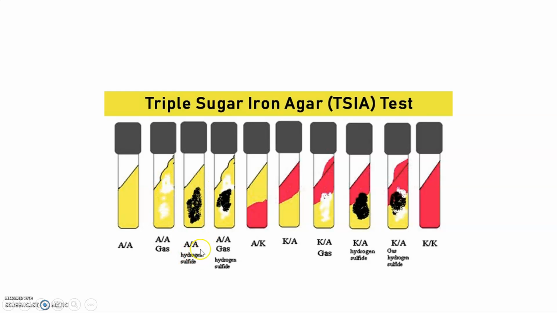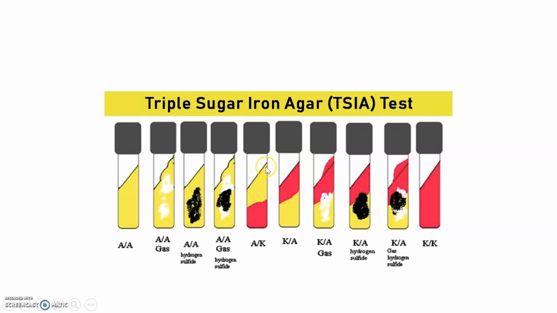A by A hydrogen sulfide means acid slant and acid butt with a blackish color, due to hydrogen sulfide production. Next is acid slant and acid butt with gas and hydrogen sulfide, so air bubbles along with blackening of the medium also appear.